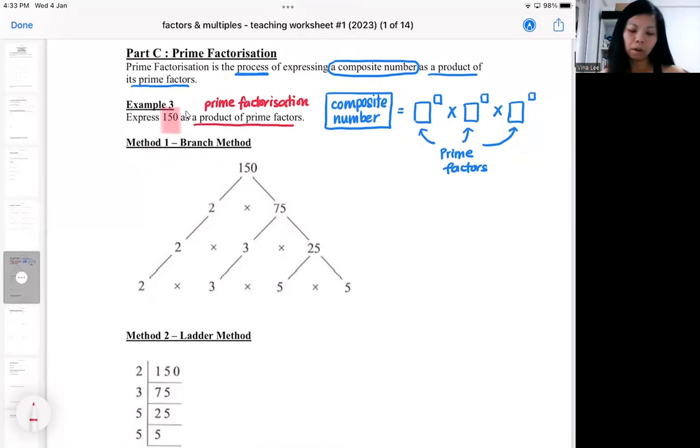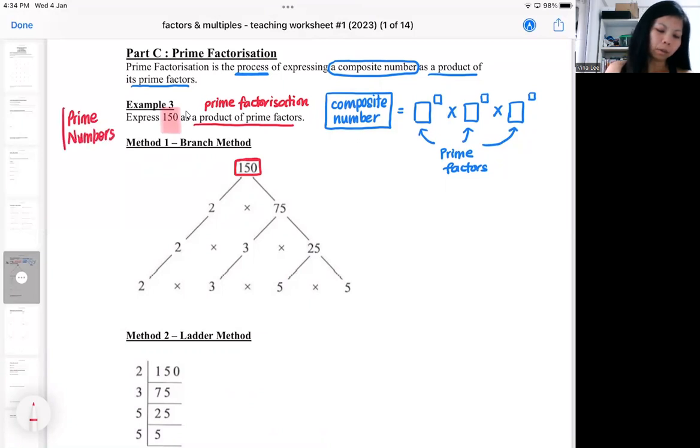The first method is called the branch method. So we branch it like this, for example from 150. You should start thinking from the smallest prime number. Just now we went through a list of prime numbers. If you want to, you can use it as a guideline.